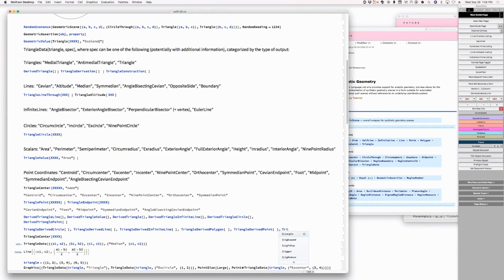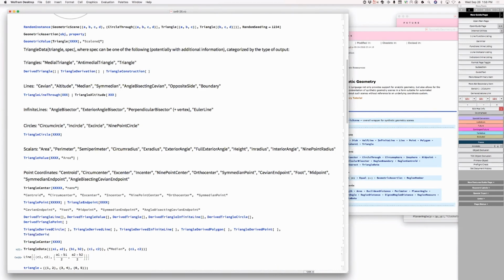That's a little weird. Because what are those things? Those are scalars, basically. Right. And again, I'm going to assert that they're not really derived. Okay, well, maybe it's the wrong name for those ones. Yeah, that's more like a triangle calculation.